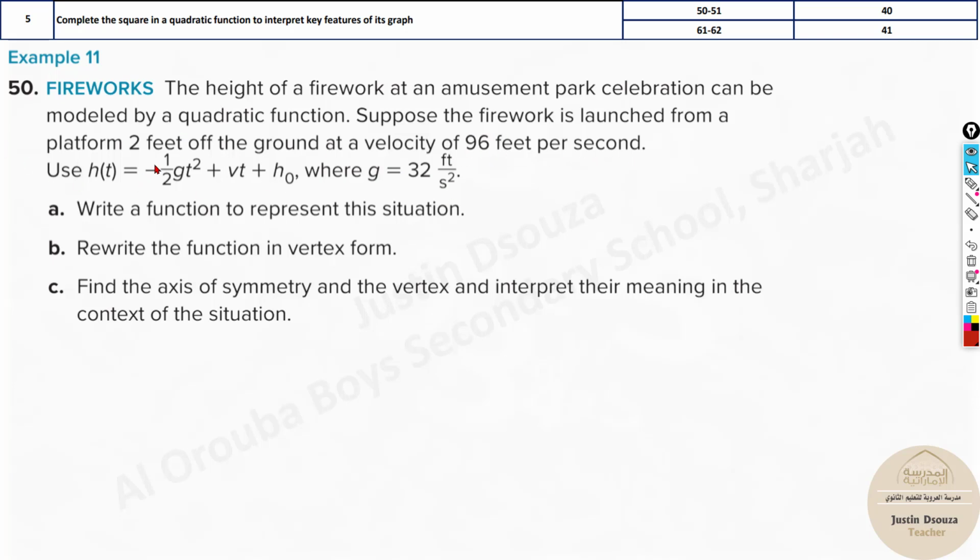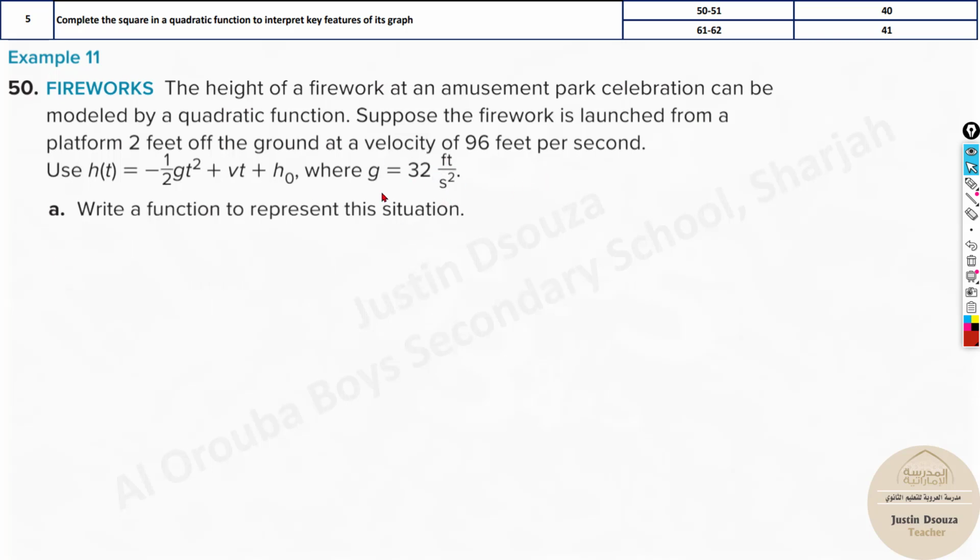Use the given equation, negative half of g t squared plus v t plus h naught, where t is time, and the acceleration due to gravity g is given in feet per second squared, that is 32. Now the first thing is to write a function to represent this situation. We just have to substitute the given values and simplify it. That is the first question.